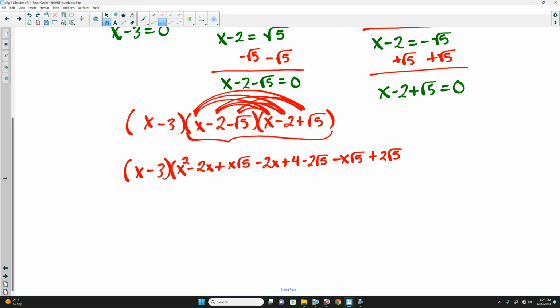And negative square root of 5 times square root of 5 is going to be negative 5, plus 2 square root of 5. And lastly, our square root of 5 times the square root of 5 is the square root of 5 squared, which is just 5, because our square root and square would cancel. Questions on how we got to this here?